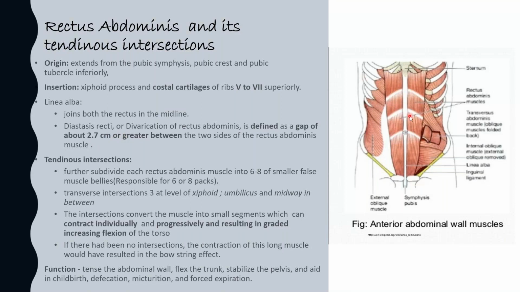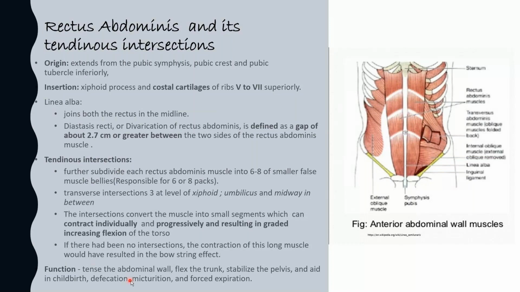So remember this definition: divarication of recti means the distance between the medial edges of the right and left rectus abdominis is more than 2.7 centimeters, right?